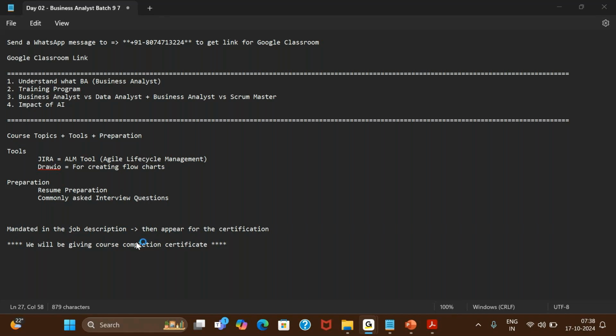But when you join any organization, people will definitely ask you how do you write user stories, or give me an example of a project that you worked on, how did you identify user stories around it, what was the theme behind it, how did you write acceptance criteria, give me an example of it. Whereas that's all not covered in the certification guide at all.